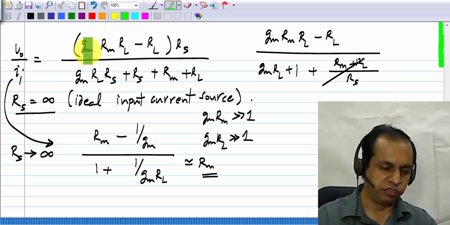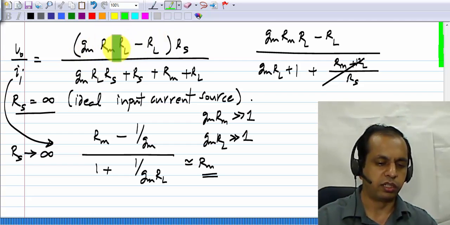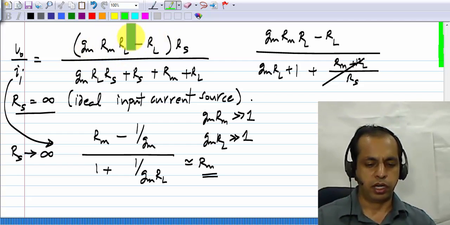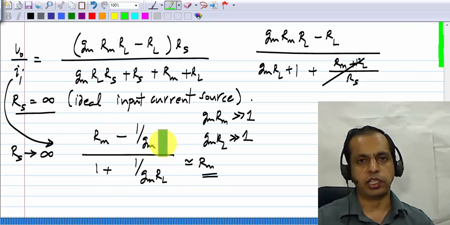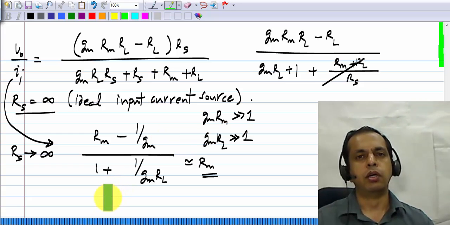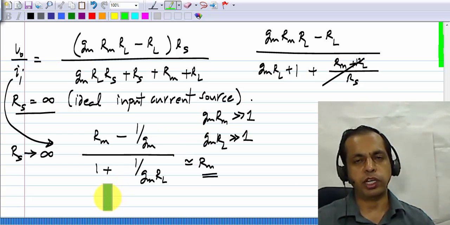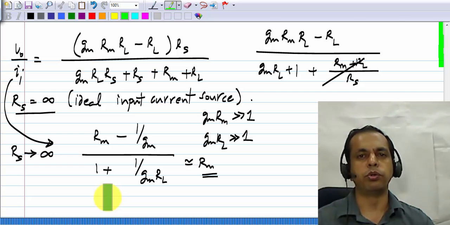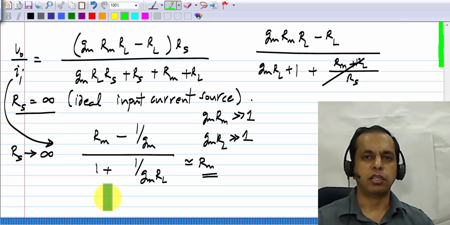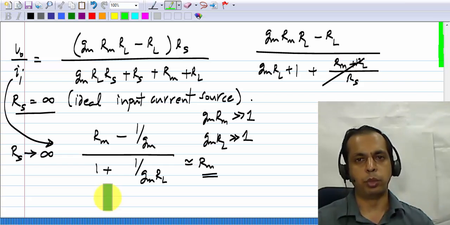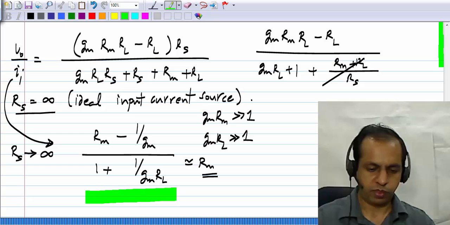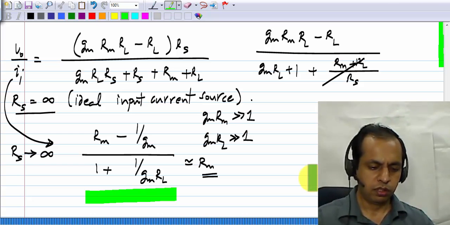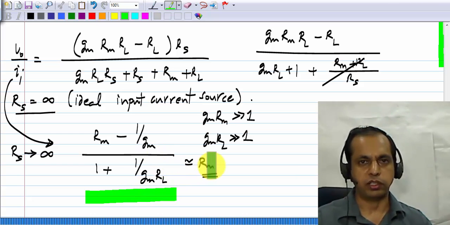Now, if Gm is finite, it will slightly deviate from Rm. This was the case for all the other control sources as well. There was some small difference. We wanted a voltage controlled voltage source with a unity gain for the source follower, but you know that the source follower's gain is close to 1 but not exactly 1. It will be equal to 1 if Gm is infinite. So as Rs tends to infinity, you get this.